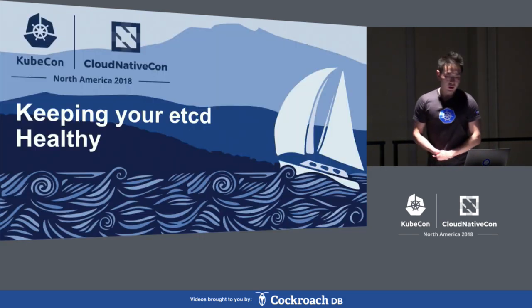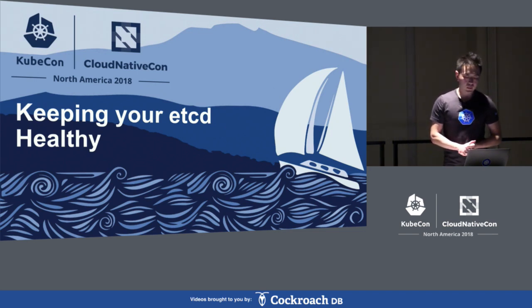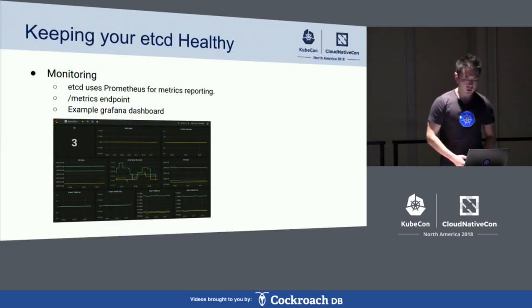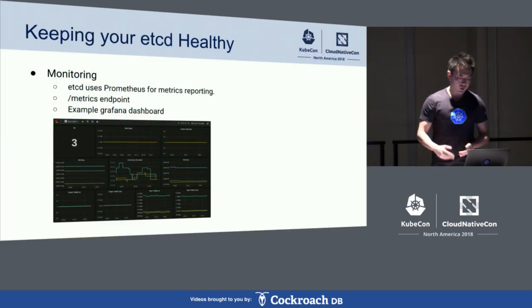All right, so now I want to briefly talk about keeping your etcd healthy. These are some recommendations from us. First, as Joe mentioned previously, etcd supports Prometheus, and as I mentioned earlier, there is a metrics endpoint which you can use.